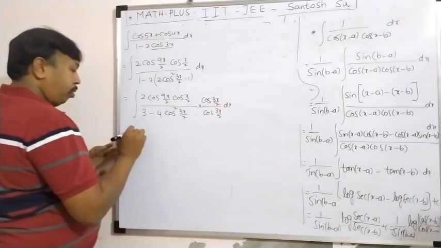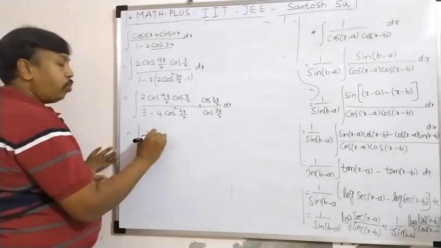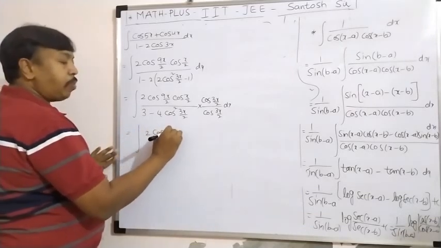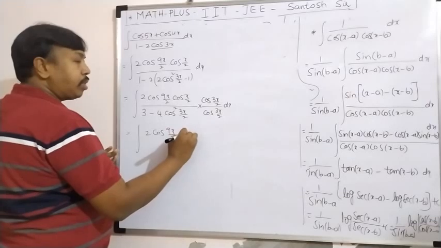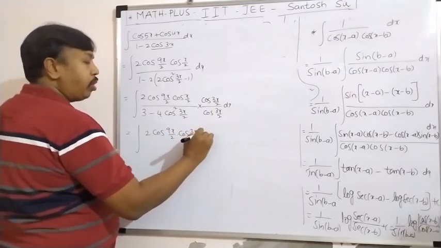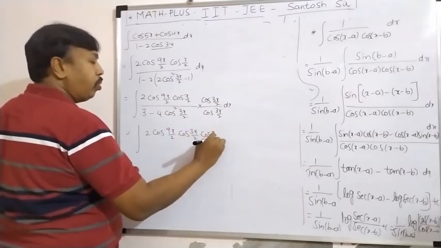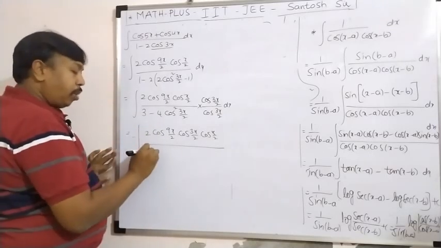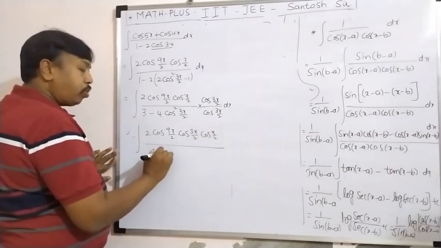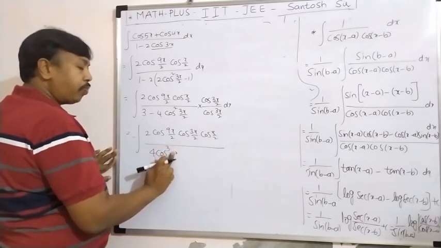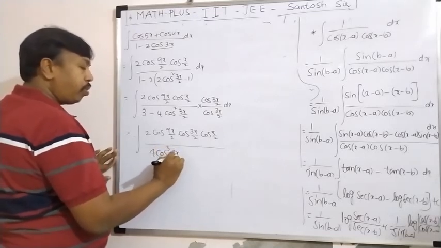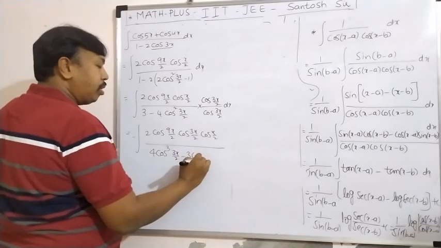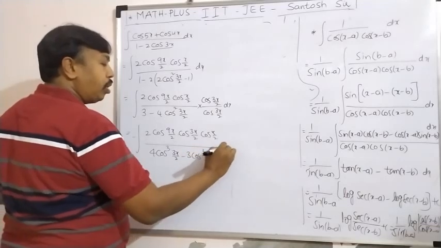Integral of 2 cos 9x by 2 into cos 3x by 2 into cos x by 2, whole divided by minus, also taking common, (4 cos cube 3x by 2 minus 3 cos 3x by 2) dx.